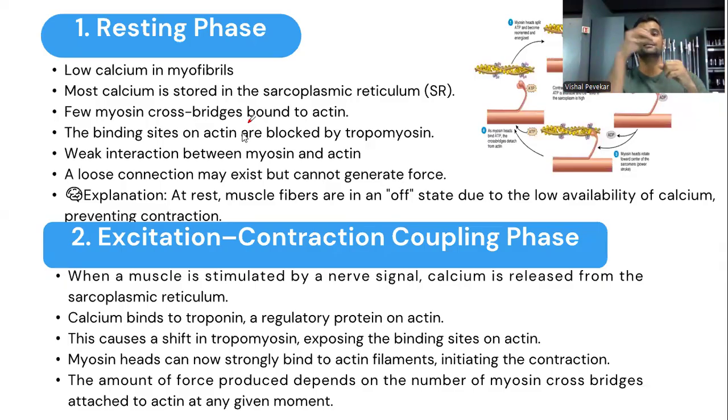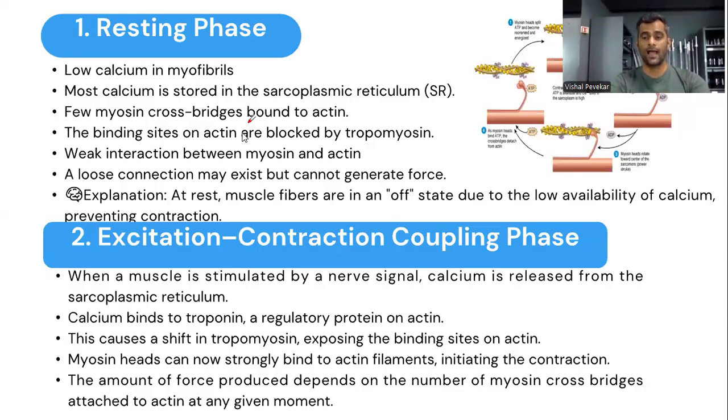Once this ATP molecule binds, it helps detach the head from the actin. If calcium is available, this contraction is going to happen because the site is always going to stay exposed.